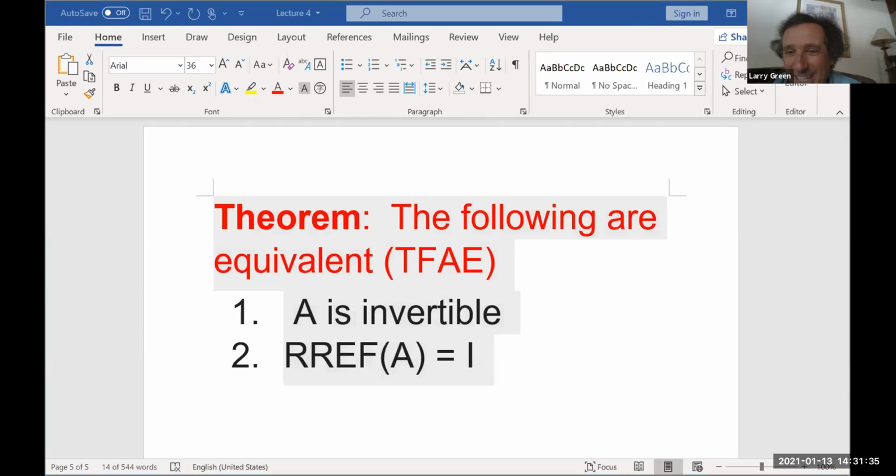This is the theorem, and it is the following are equivalent, TFAE. Number one, A is invertible. Number two is RREF of A is equal to the identity. Okay, we're going to be adding to this list. How long do you think the list will get?